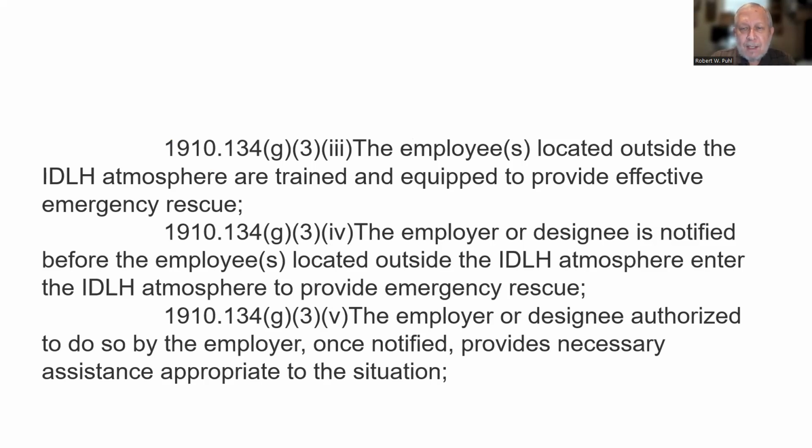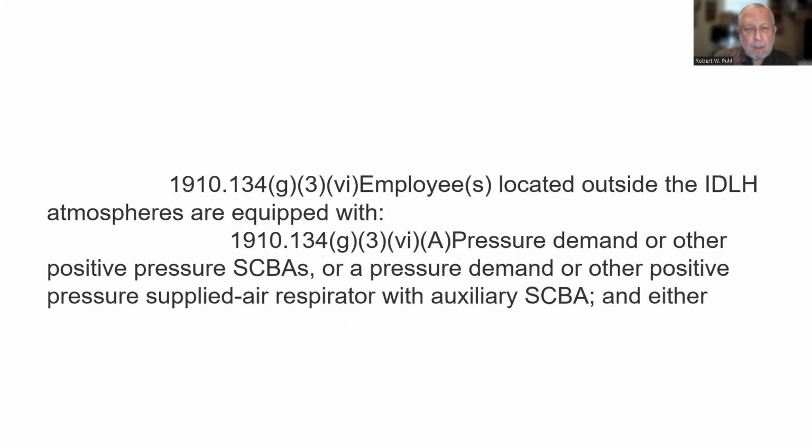The employer or designee is notified before the employees located outside the IDLH atmosphere enter the IDLH atmosphere to provide emergency rescue. The employer or designee authorized to do so by the employer, once notified, provides necessary assistance appropriate to the situation.